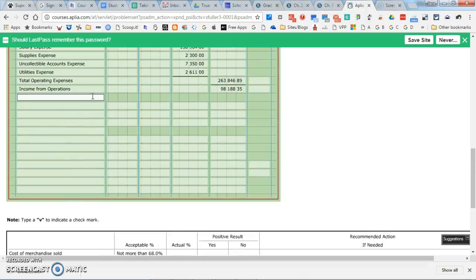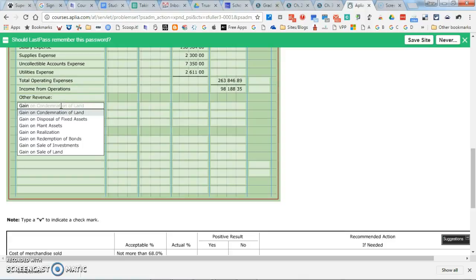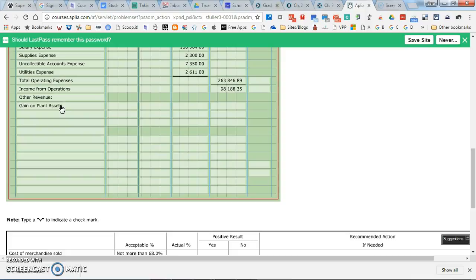Okay, then our next section is other revenue. The first account is gain on plant asset. In the second column, $110. Next is interest income.